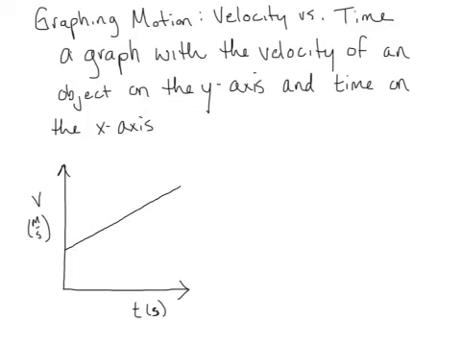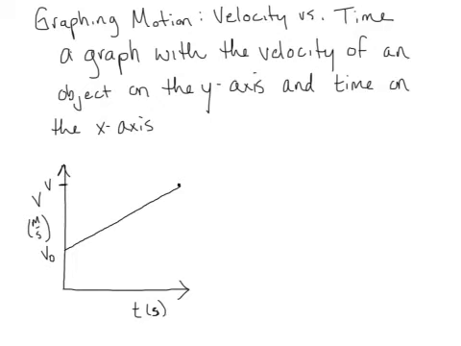Okay? So what we have is an object starting out with some positive initial velocity, v0, and going up to some even higher final velocity, v.